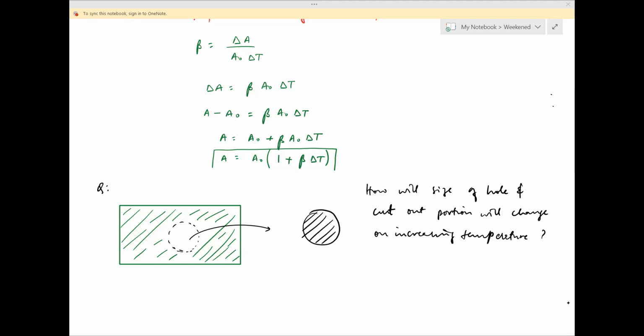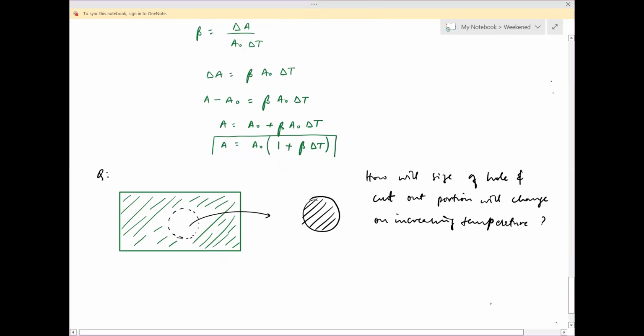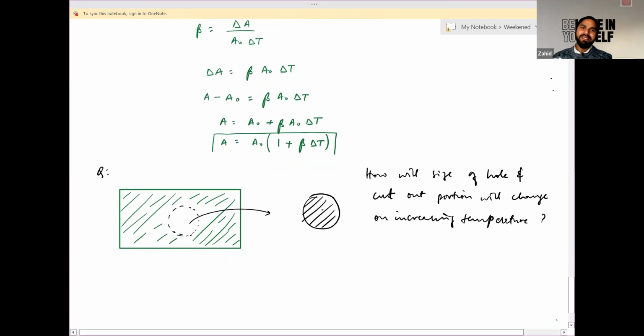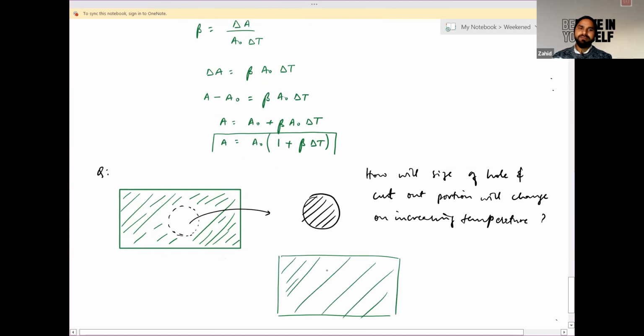Okay. Mamuna, do you agree with this part? Yes. Okay. Now just consider that the cutout portion is placed back at its own position. It means this entire sheet will be as it is, and there is no cutout portion.